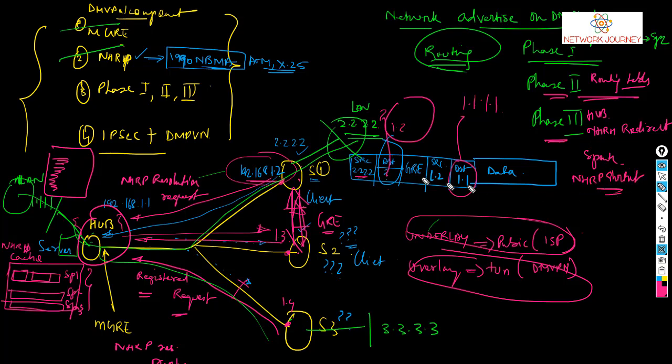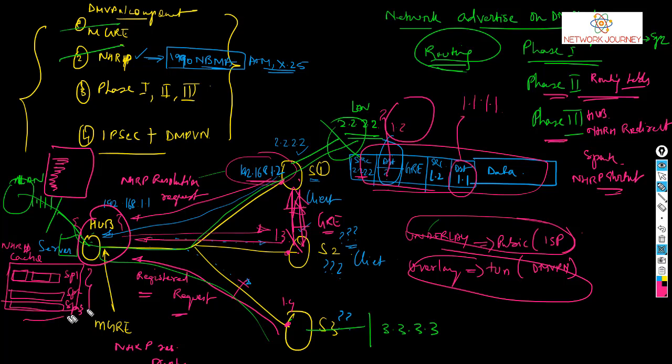Now in this phase 3, let's say spoke 1 wants to communicate with spoke 2. As usual, it sends this packet traffic with that question mark. Now the hub will see that this is meant for another network or another spoke. What is the hub going to do?